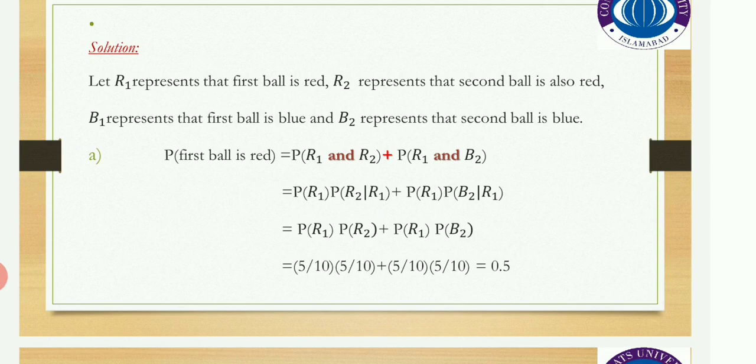Probability of R2 will also be equal to 5 by 10 and probability of R1 will also be equal to 5 by 10. Similarly, probability of B2 will also be equal to 5 by 10. We will get the probability 0.5.